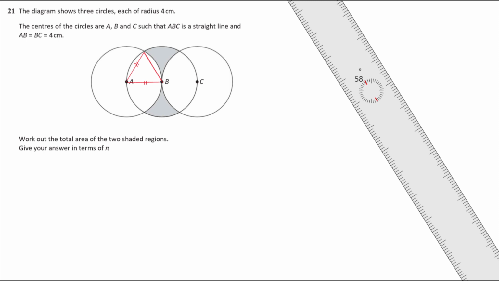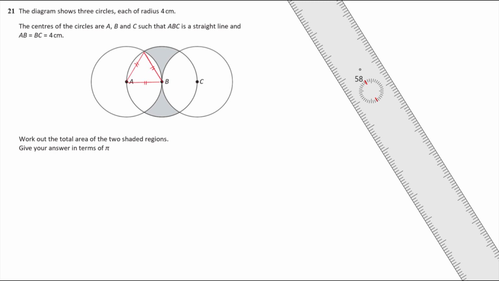But also, this side here is also a radius. It's the radius of B to the edge. And because all three circles are the same size, that is the same length as well. So what we've got here is an equilateral triangle.